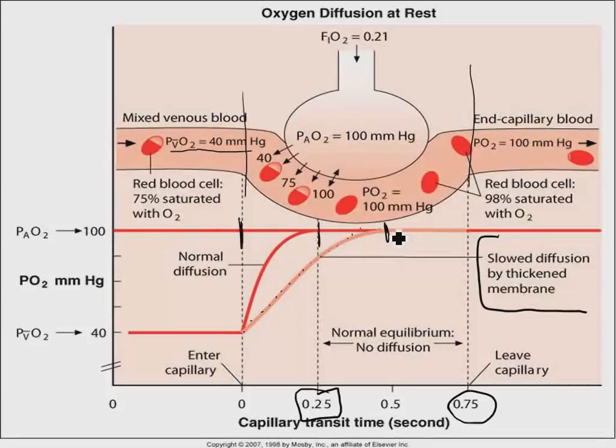Wait, can you repeat that? Diffusion defect impairs the ability for oxygen to get across the alveolar capillary membrane, but in most cases at rest, it's not a problem because I have that extra cushion. Even though it's now taking 0.5 seconds instead of 0.25 seconds, no big deal. I got 0.75 for God's sakes. I got all kind of time.